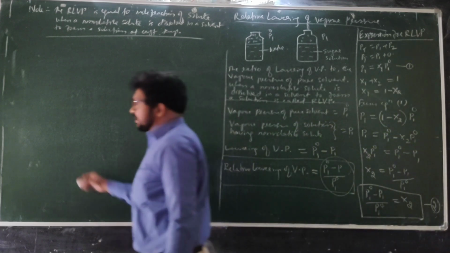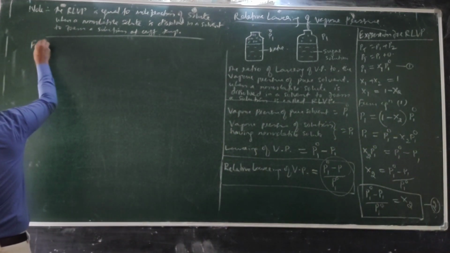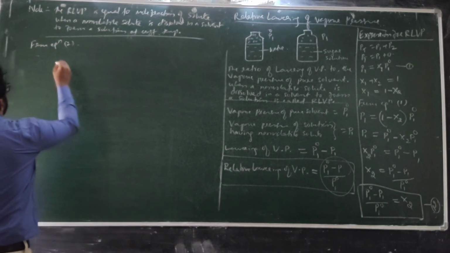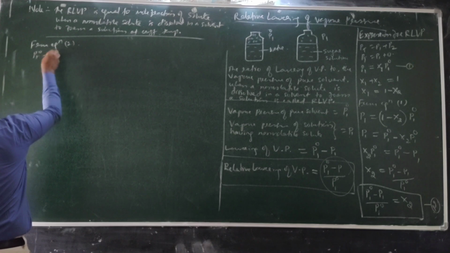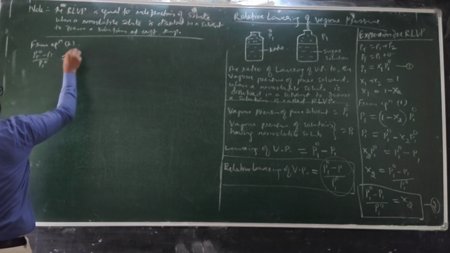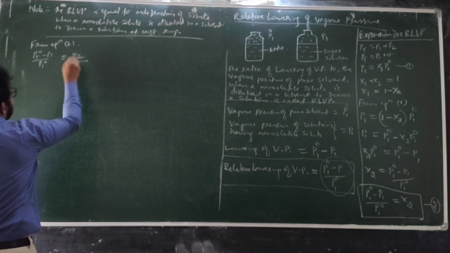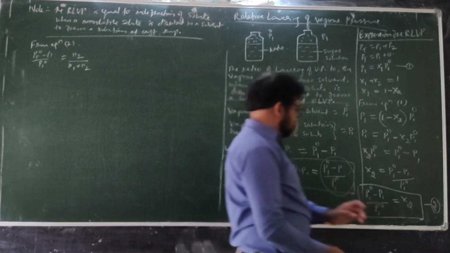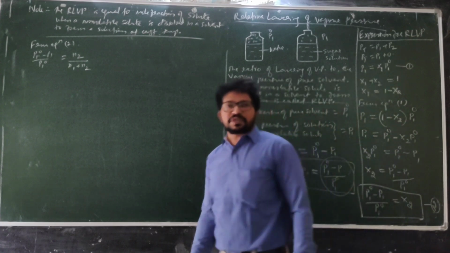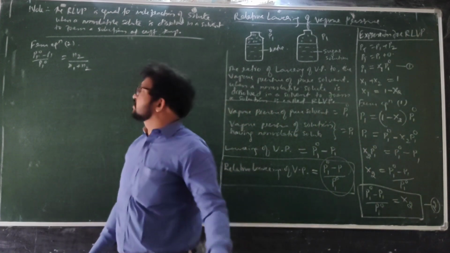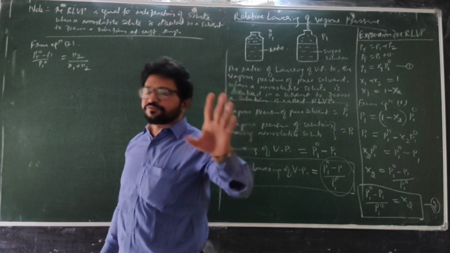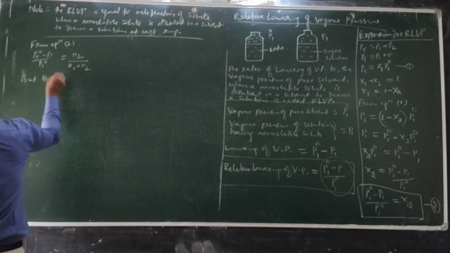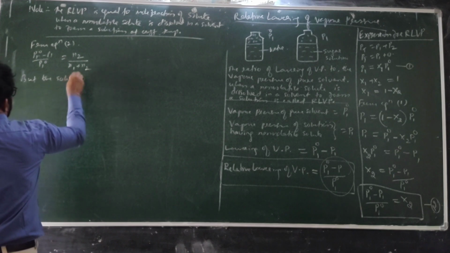From equation 2, you operate this. P1 naught minus P1 by P1 naught is equal to x2, which is n2 by n1 plus n2. Mole fraction is equal to the number of moles divided by the total number of moles, 2 for solute, 1 for solvent. But the solution is dilute.